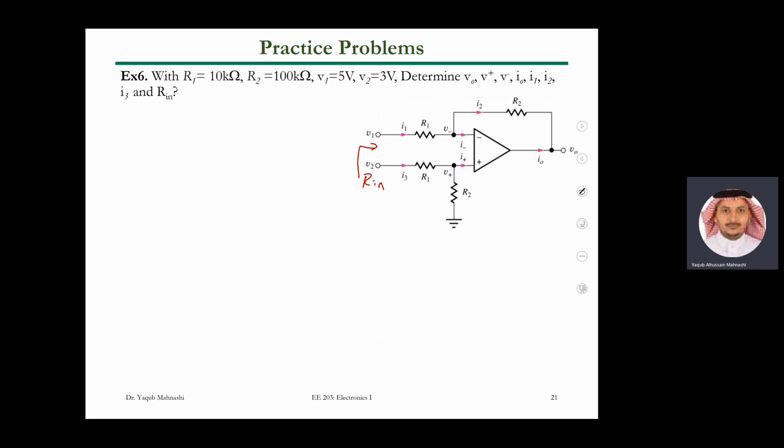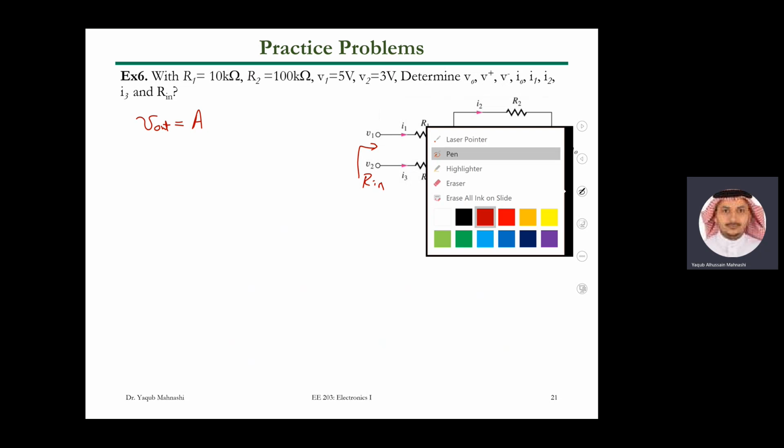Okay, so now it is clear it is difference amplifier. R2 is already, we have R2, this was R4, right? And now it is replaced by R2. So we know the equation of the V out. So the V out for sure, it is what? The gain or R2. Let me just put the R2.